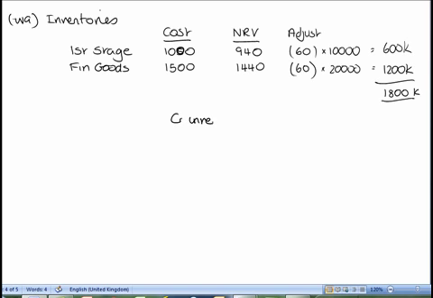So credit inventories 1.8 million and debit reserves 1.8 million.